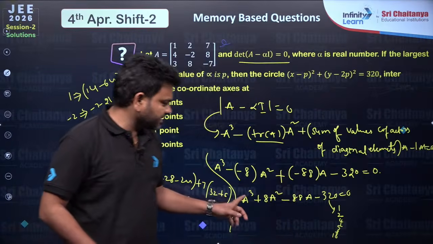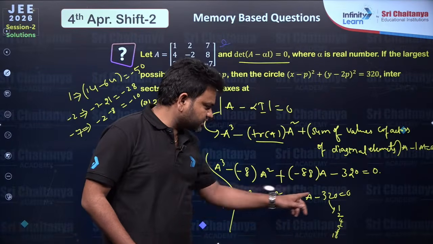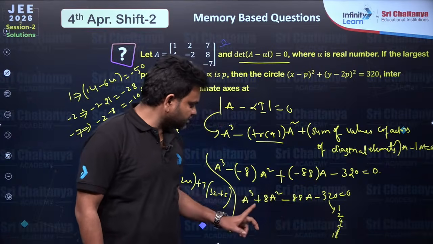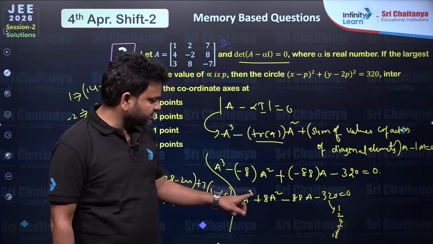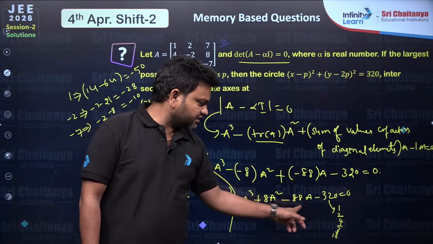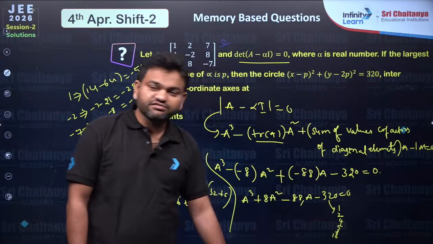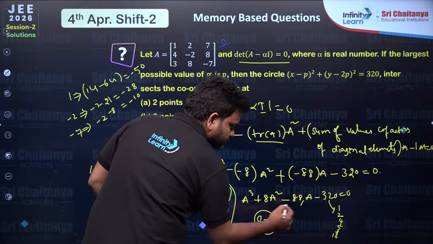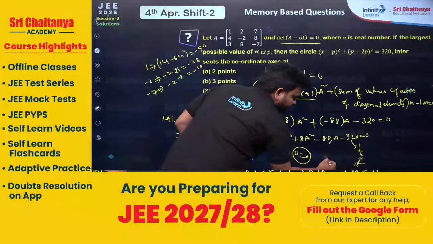Now 1, if I am writing, positive value is very less, but negative value is a huge number here, and 2 also, 4 also, for 5 also it is going to be 125 plus 200, but the negative value is bigger than that. Then you will be checking for 8. So if I check for 8, this will be satisfied here. So the root which you are going to get will be 8.